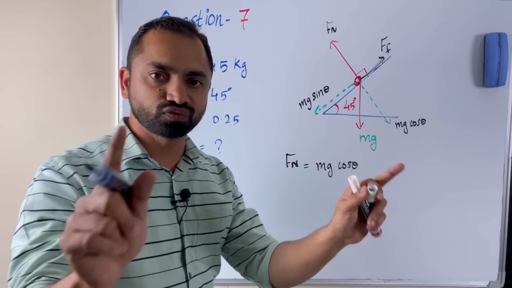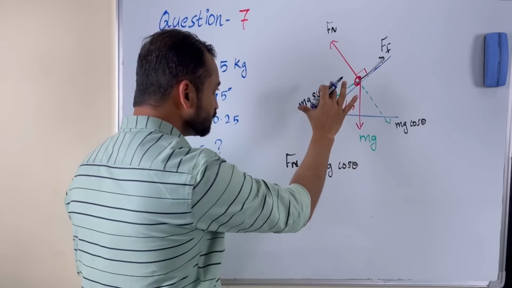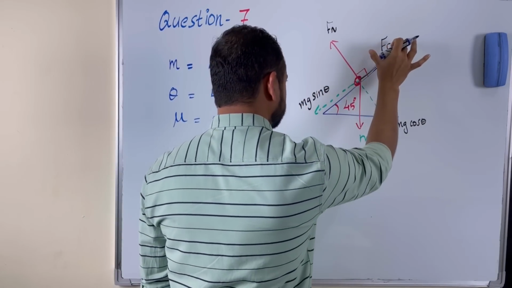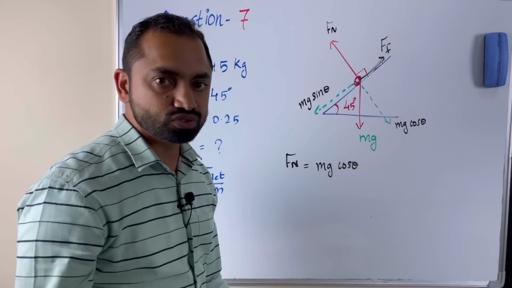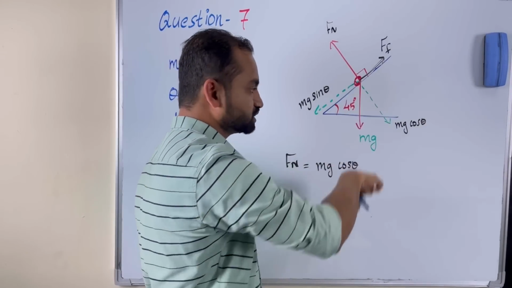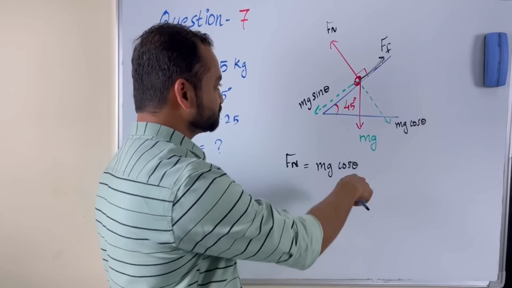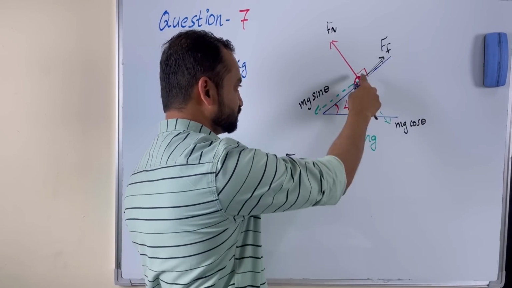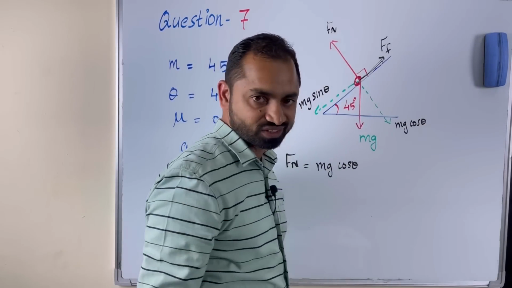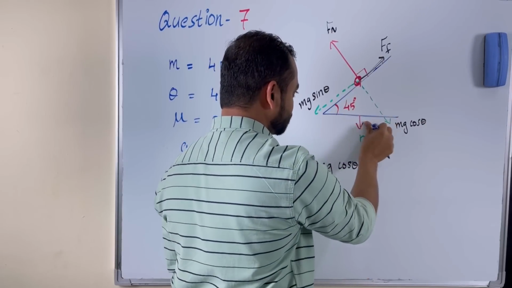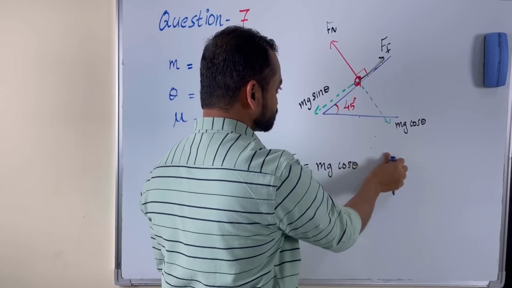So what are the two forces remaining? This mg sin theta and frictional force remaining. So you may ask, what about this mg? See, this mg we divided into 2, right? What is mg? Mg we already divided into mg sin theta and mg cos theta. So this mg is not there now. See, it is divided.